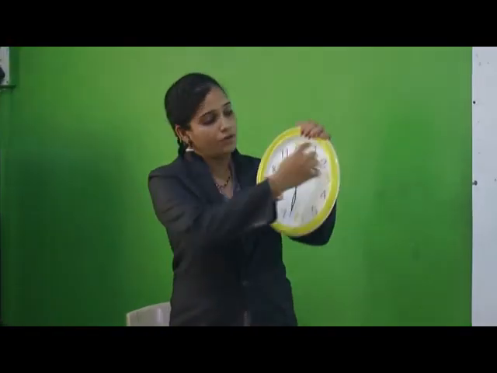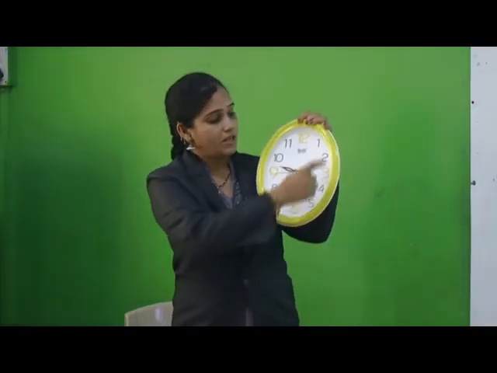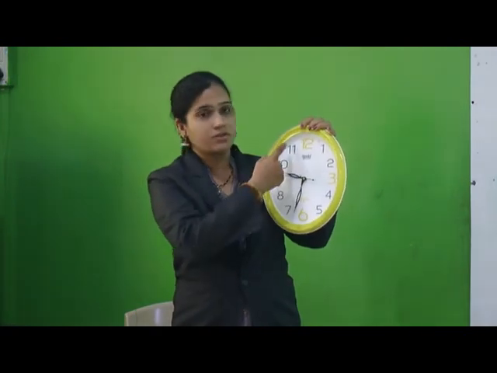Each division represents a minute. One full circle of the clock travels 60 minutes, that means 1 hour. 1 hour is equal to 60 minutes, and 1 day is equal to 24 hours. Even 1 minute is equal to 60 seconds.